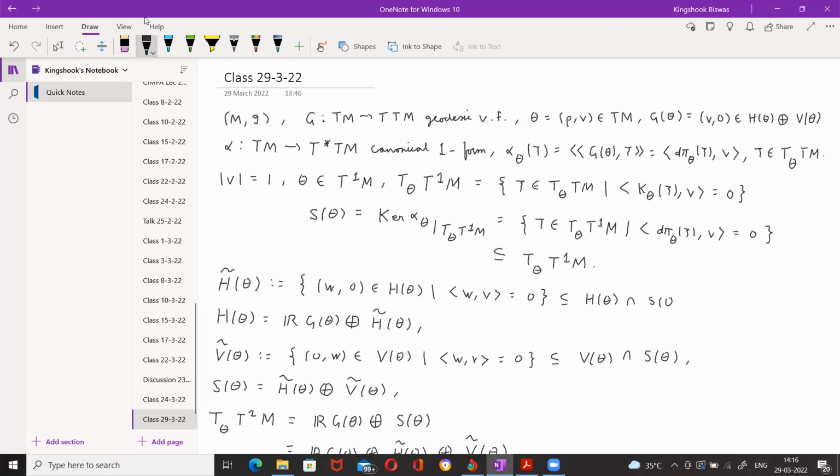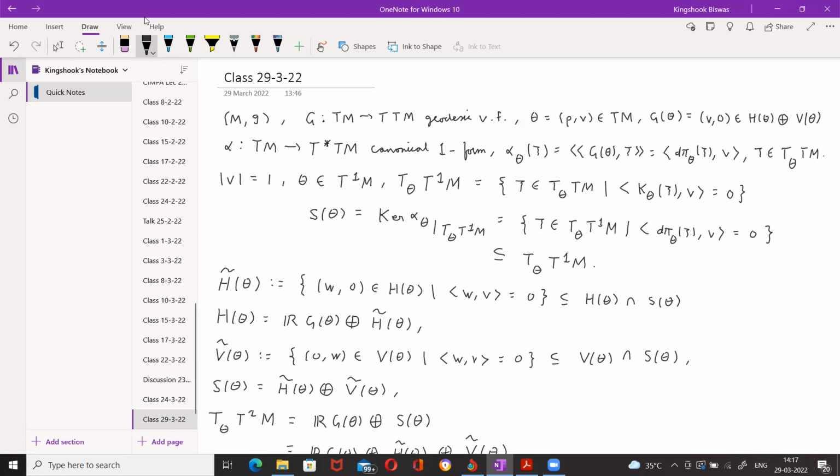Because in S theta, I want horizontal vectors which are in the kernel of alpha. So that means the horizontal component should be perpendicular to V, right? D pi theta xi should be perpendicular to V. So that's why I'm looking at W which are perpendicular to V. Right. No, so this was correct. This is H theta intersect S theta. And this is in V theta intersect S theta.